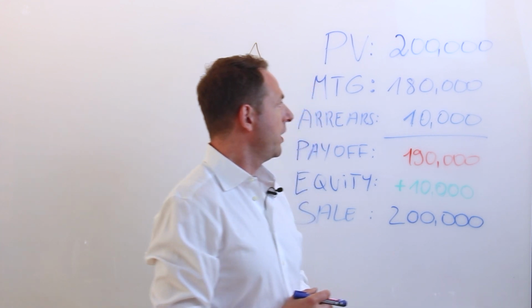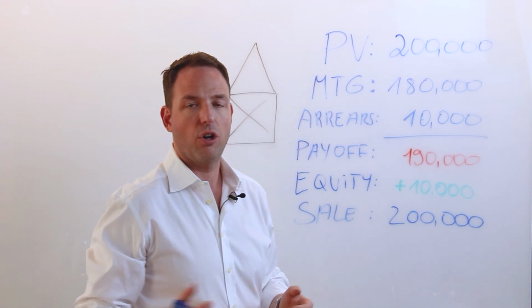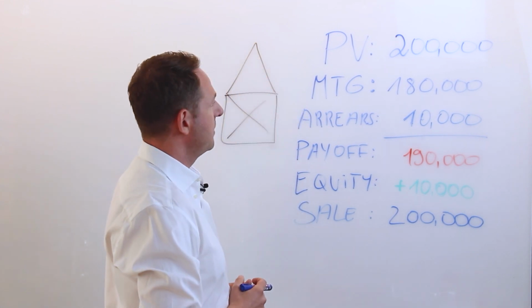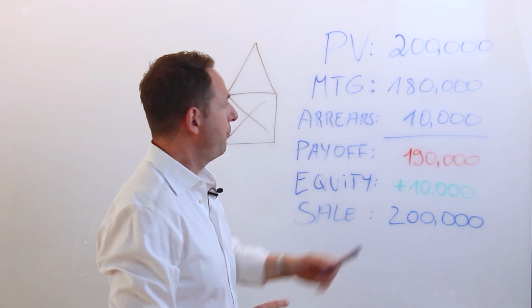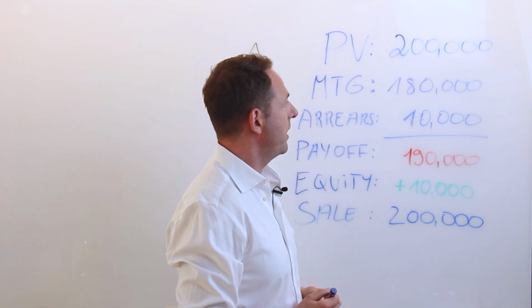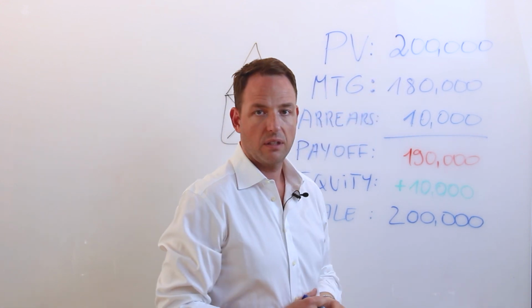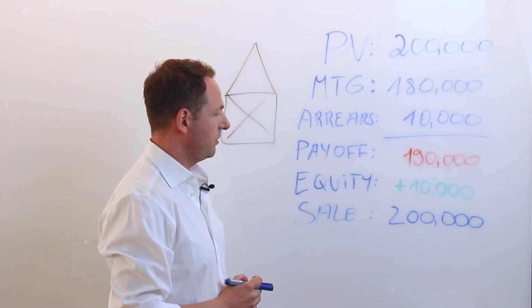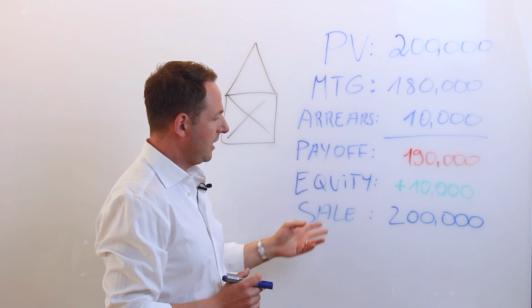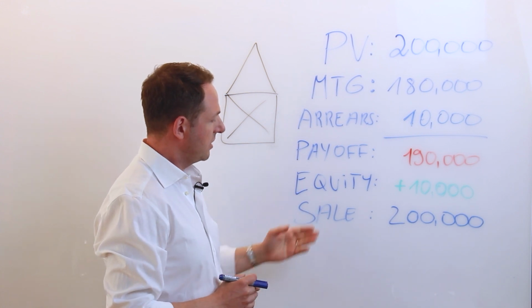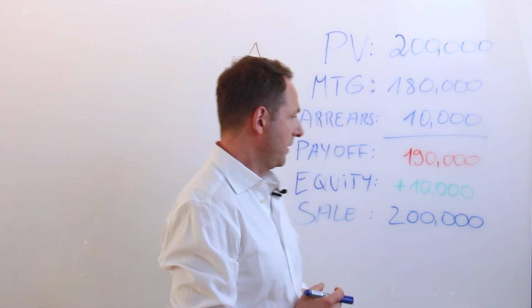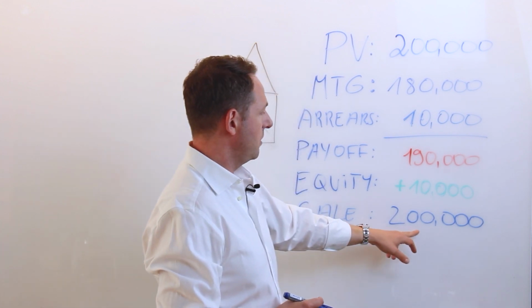So we would actually assume that the homeowner needs to put in probably another $5,000, $7,000, maybe $10,000 to fetch the market price of $200,000. But we'll give this homeowner the benefit of the doubt and assume that he was actually able to sell the property on the market fairly quickly for exactly $200,000.